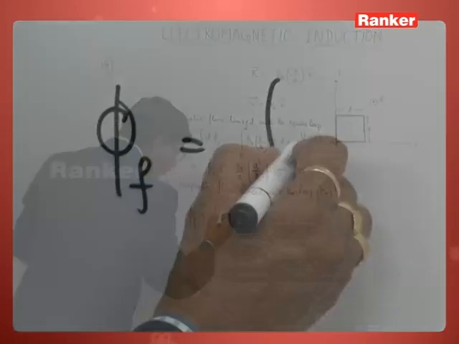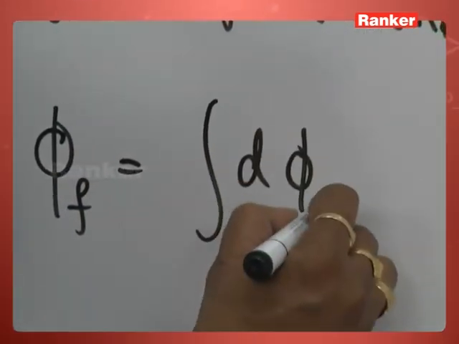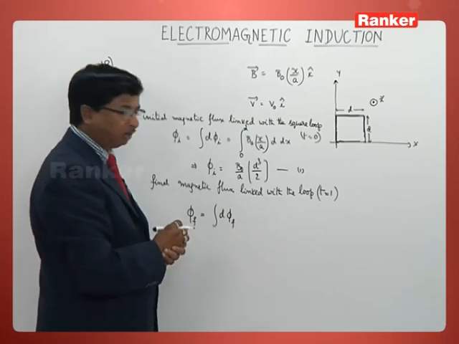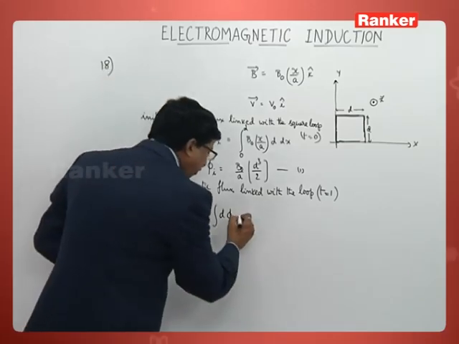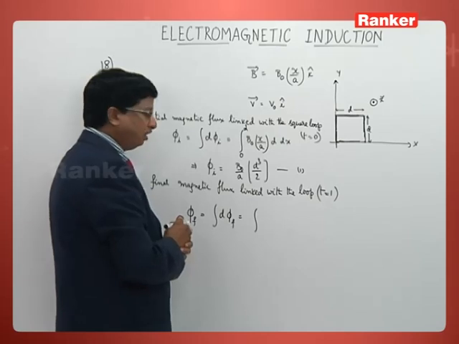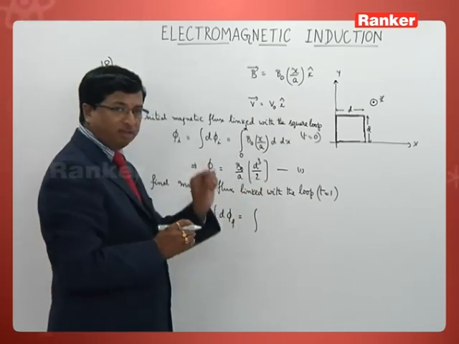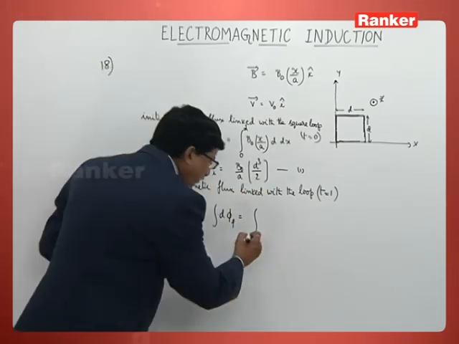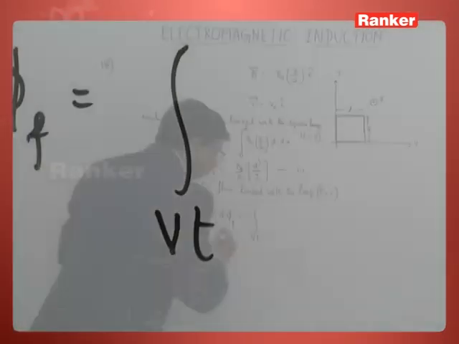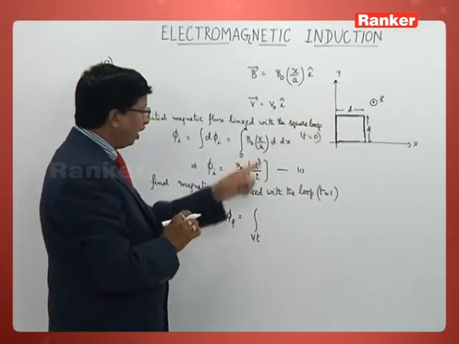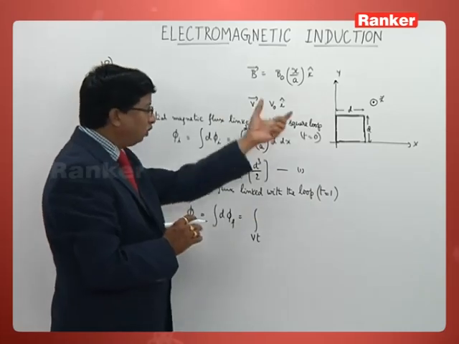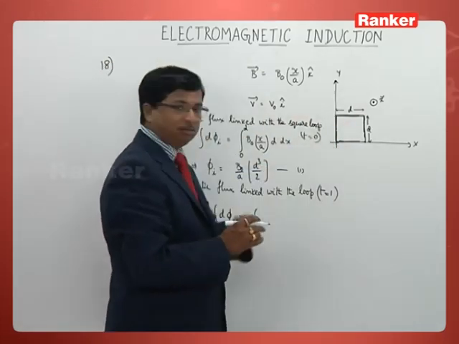As usual we can go for d phi final. But in between the limits what? Actually when time is t, the present distance becomes Vt. Already d is there. In addition to this length it used to travel.